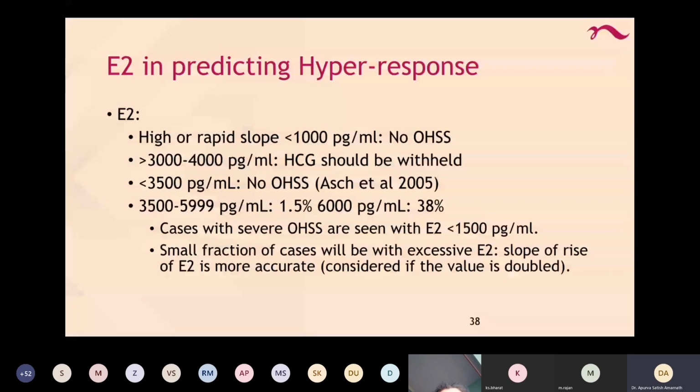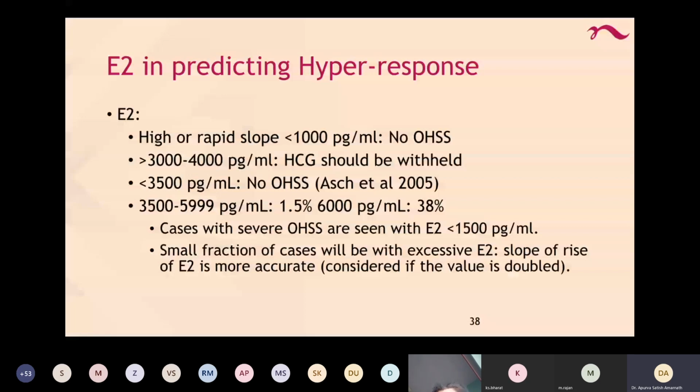If it is less than 1,000, there is no risk of OHSS, though again it depends on the number of follicles. Then there is high E2 that is more than 3,000 to 4,000. HCG has to be withheld, and a GnRH agonist trigger is to be given, that is your Decapeptyl or triptorelin. Less than 3,500, the risk of OHSS is low.